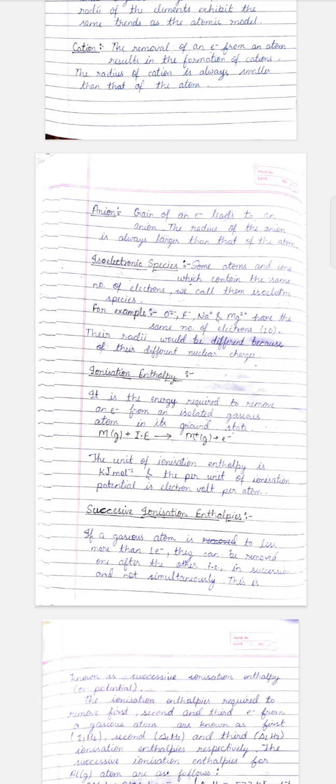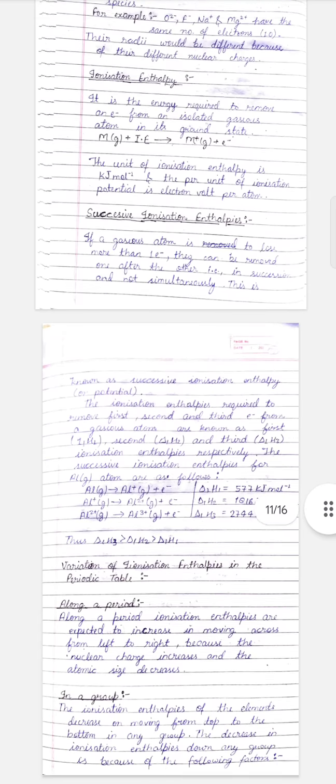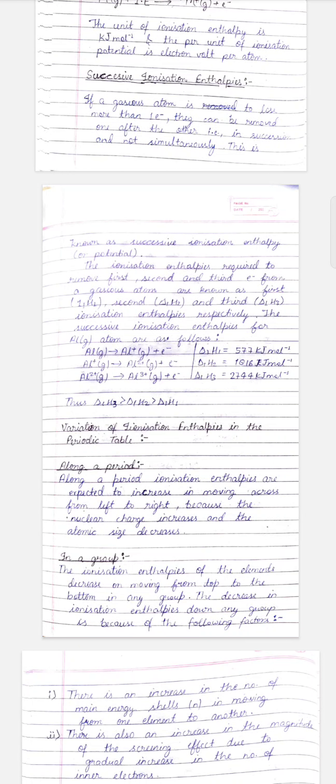Successive ionization enthalpies. If a gaseous atom is to lose more than one electron, then they can be removed one after the other, that is, in succession and not simultaneously. This is known as successive ionization enthalpy or potential.